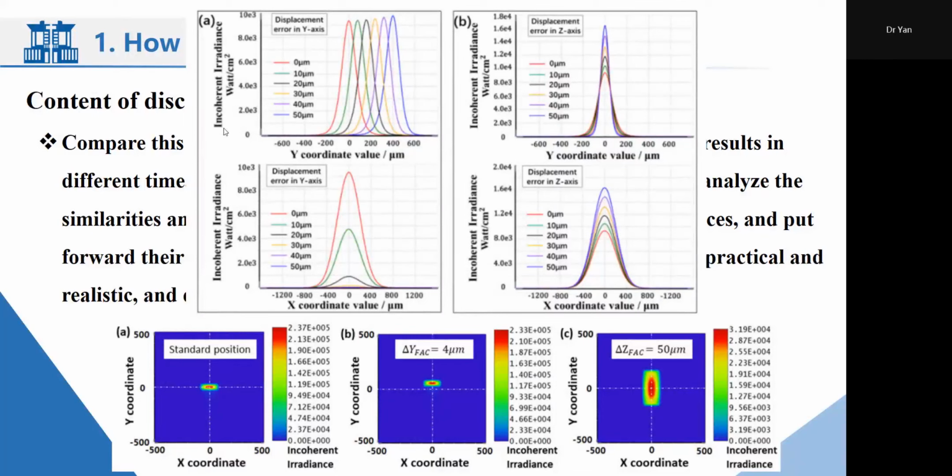This figure contains different relationship curves. The different colors refer to different displacement errors: 0, 10 micrometers, and 20 micrometers.